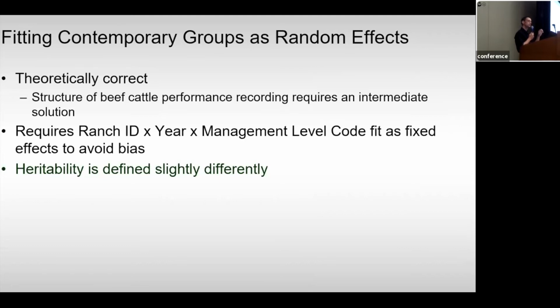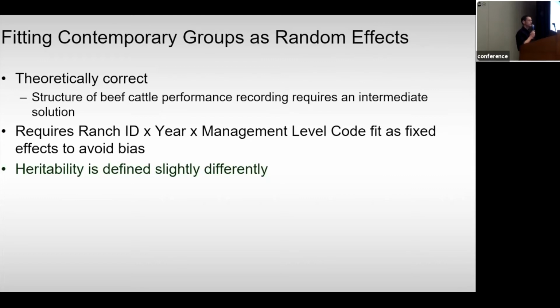And that competition may mean that I want to add weight to my calves through non-genetic means, feed or otherwise. And so we need to be able to account for that to ensure that as I do that, I'm not artificially inflating the estimates of genetic variants as well. And so it requires range ID by year, by management level code, that is a fixed effect to help guard against, if you will, those kinds of biases.